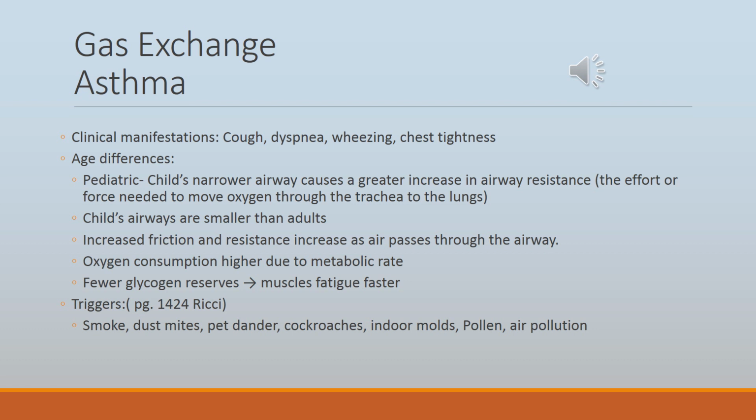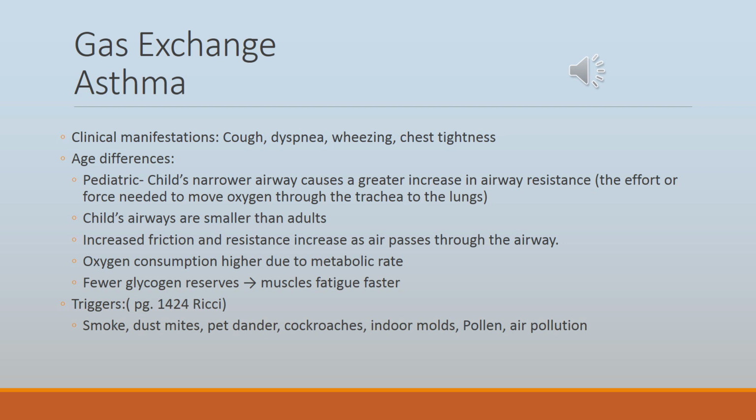Now, there are age differences between the adult and the child. Children have narrow airways, which causes a greater increase in airway resistance, which is actually the effort or force needed to move oxygen through the trachea to the lungs. Children's airways are smaller than adults', and they also have increased friction, and resistance increases as air passes through the airway.